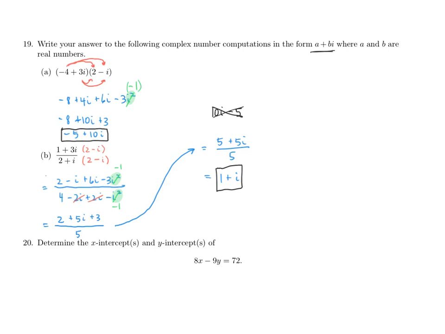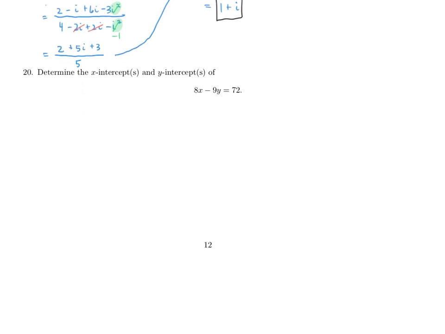Okay, we're finally to the last problem. Determine the x and y-intercepts of this equation. All right, so remember, to find the x-intercept, you let the other variable be 0. So if you're finding an x-intercept, you let y be 0. So that means 8x minus 9y, which is 0, equals 72.